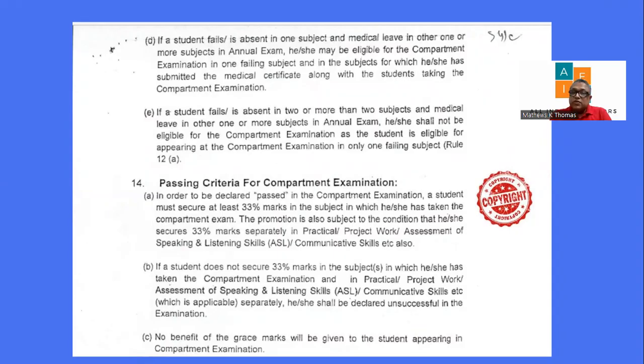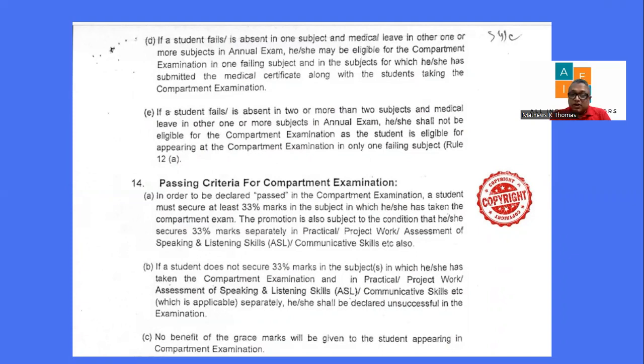And passing criteria for compartment, again, 33% has to be there. Now, if the child was failing in the practicals or the theory, 33% has to be there in both separately. So the promotion is also subject to that condition, that a separate 33% is required in the practical work and 33% in the theory.